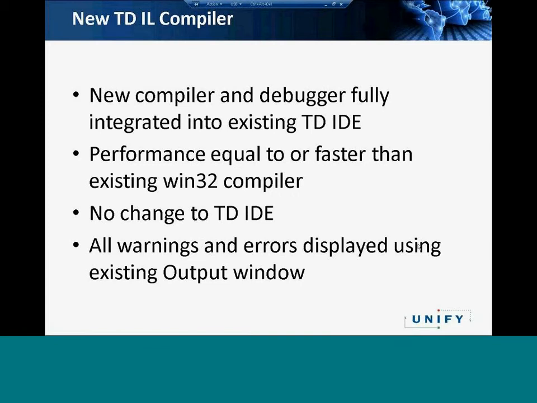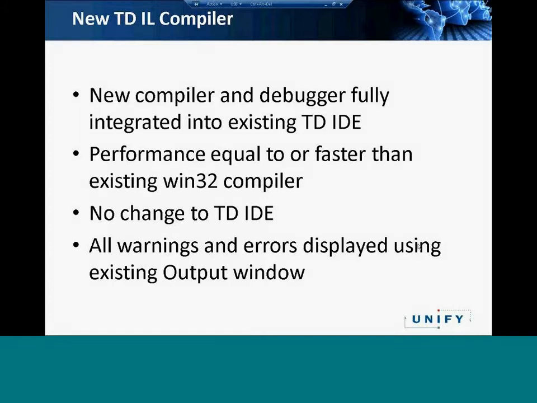As I said before, this compiler is fully integrated into the existing Team Developer IDE, so it's transparent. You don't have to do anything different. It's the same development interface for you as a developer. Performance equal or faster than the existing Win32 compiler.